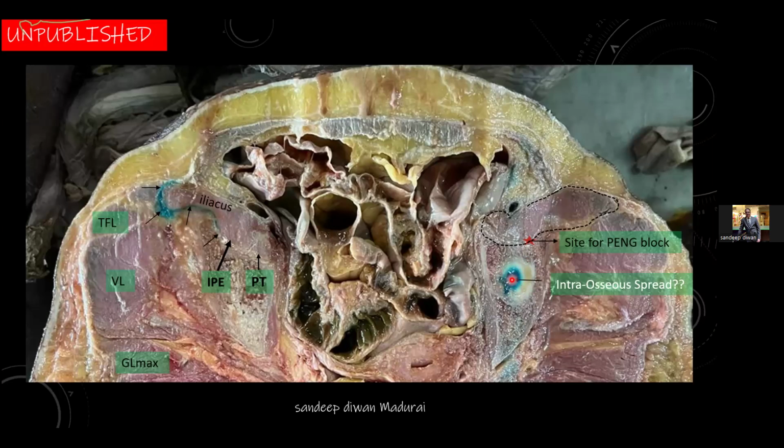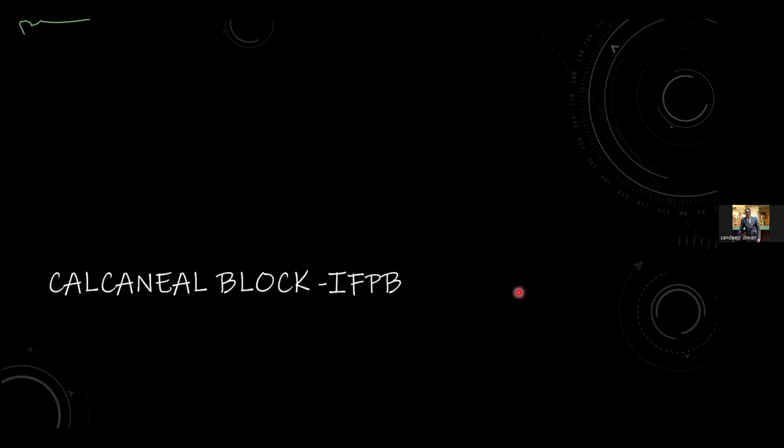So 50% intraosseous spread. Going deep into the literature, I found that there is a connection between the point of injection of the Peng block and the intraosseous spread, and that was quite surprising for me. Coming to the last part is the calcaneum block, which I mention as an interfascial plane block.